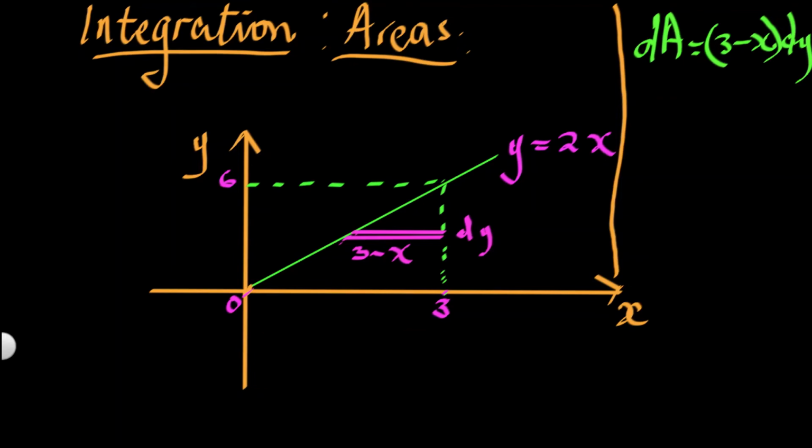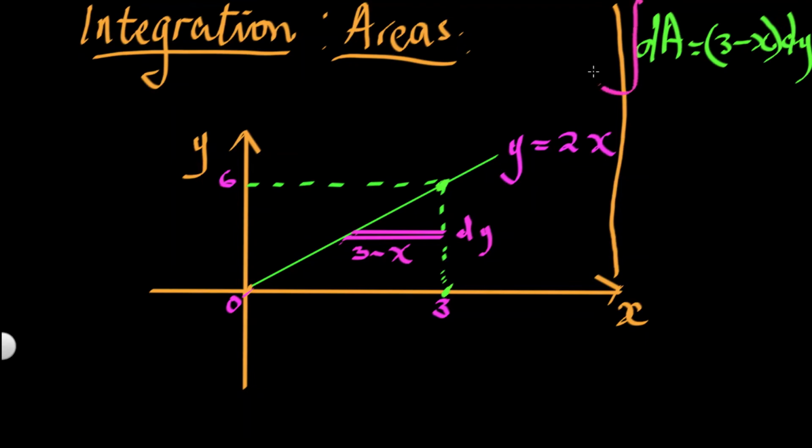If we add these horizontal strips from this point here where y is equal to 0 to this point here where y is equal to 6, because they are stacked on top of each other, so we are adding them. That is why we say our area now, this dA here, we can put the integration sign here.